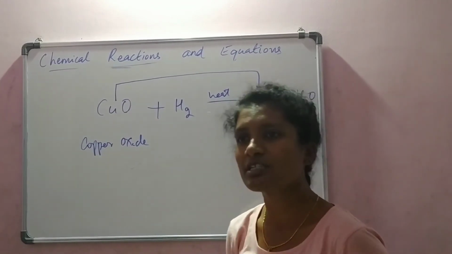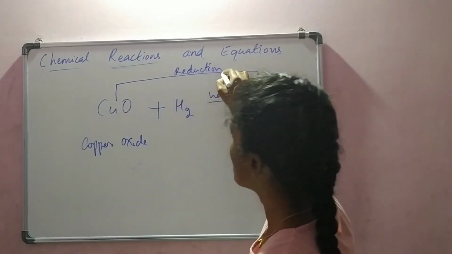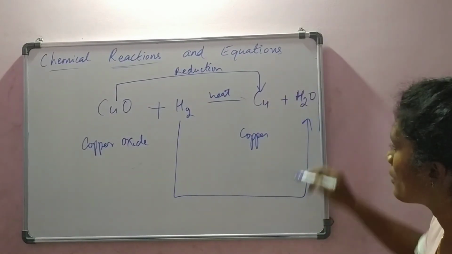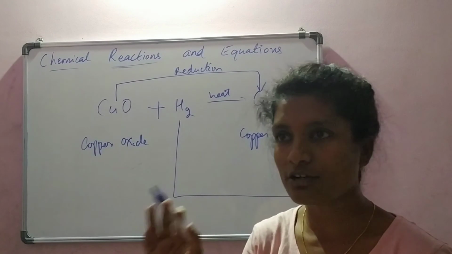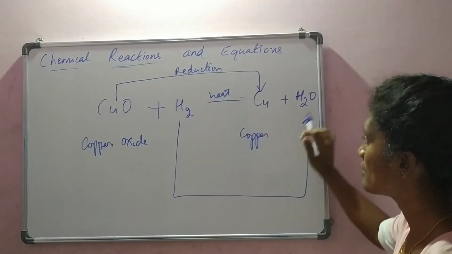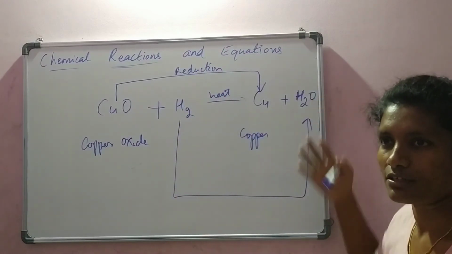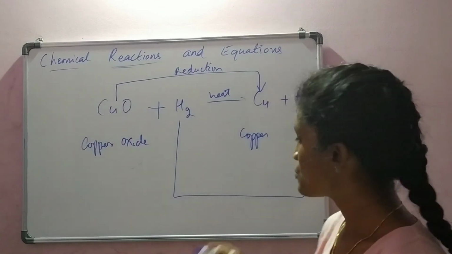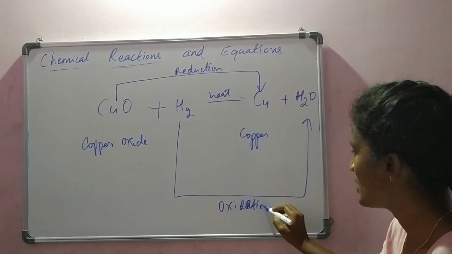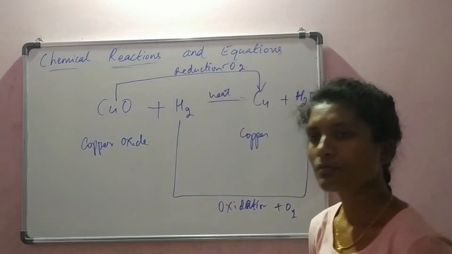Oxygen going away means reduction. I think now it is clear. Then observe here, hydrogen changed its state into water. Earlier it was only hydrogen. On the way it got oxygen, so oxygen got added. So this is called oxidation. Here oxygen is added; there oxygen is removed. Understood?